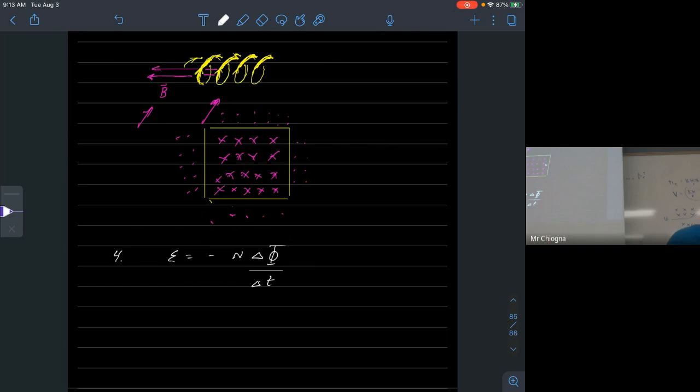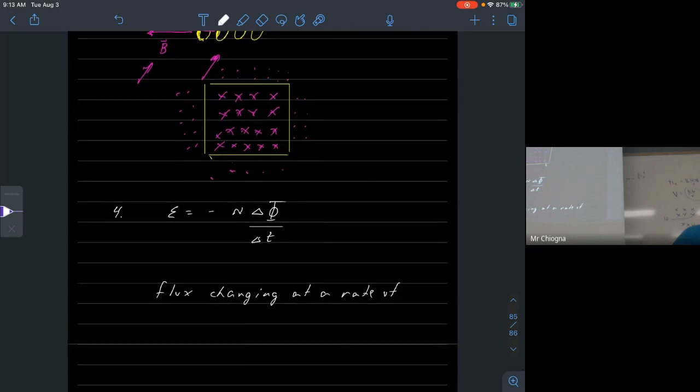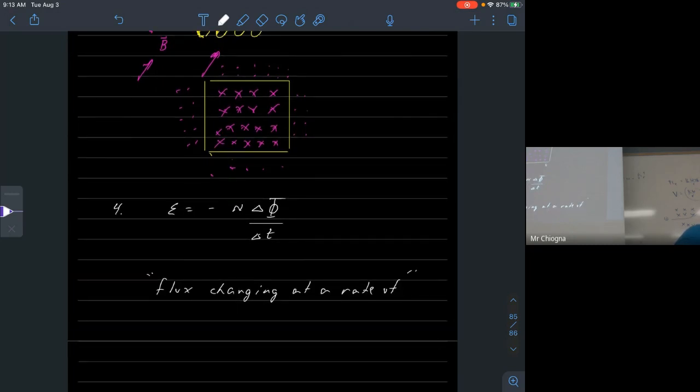Okay, so it's important in number 4 you understand what the expression flux changing at a rate means. I skipped a couple of words, but flux changing at a rate of, in this case, 15 Webers per second.